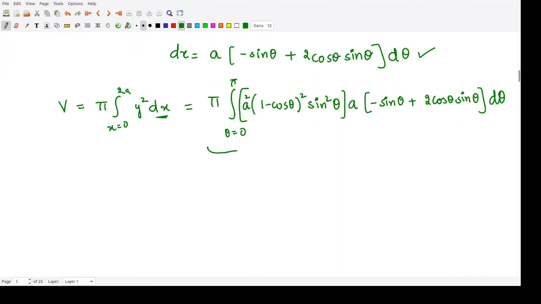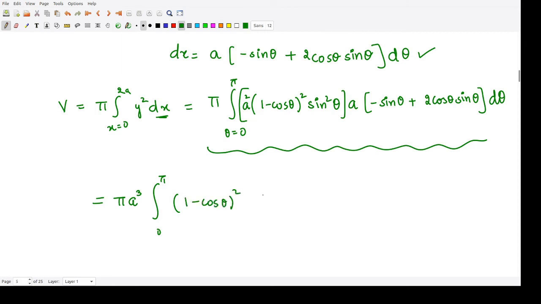Now I hope you could perform this integration and simplify the terms. So we have pi a cube as constant, integrated from 0 to pi, and then I have the term 1 minus cos theta whole square, and then sine square theta.